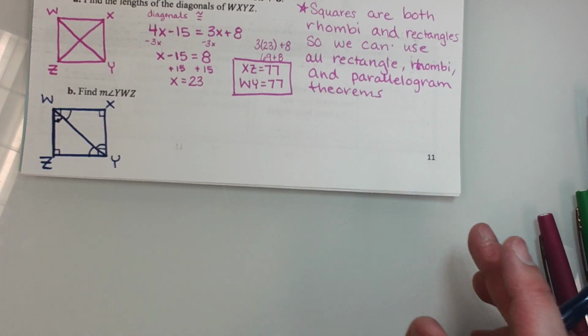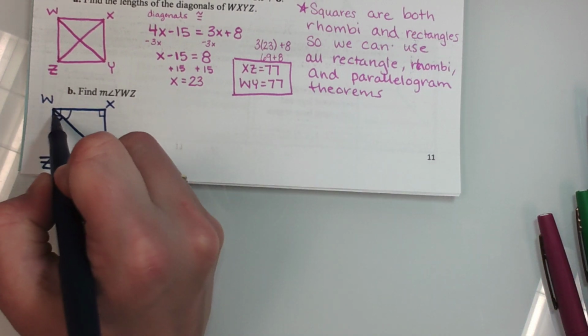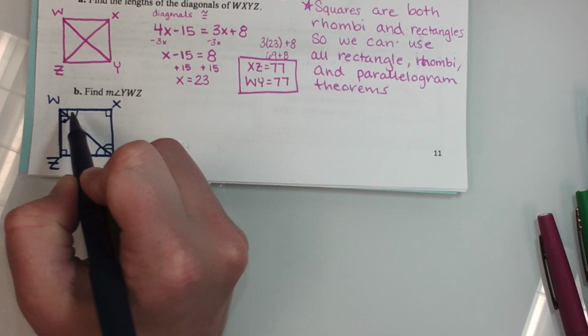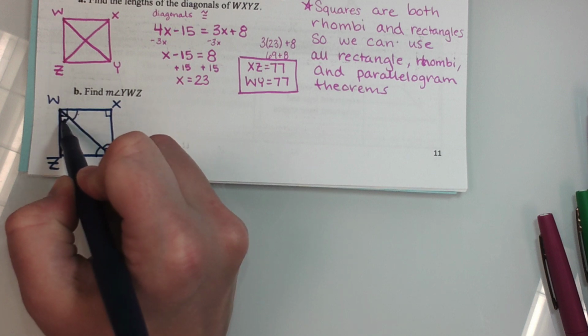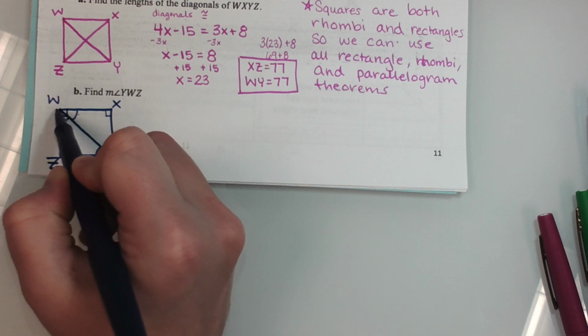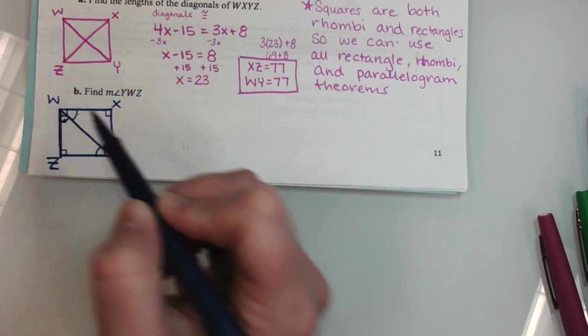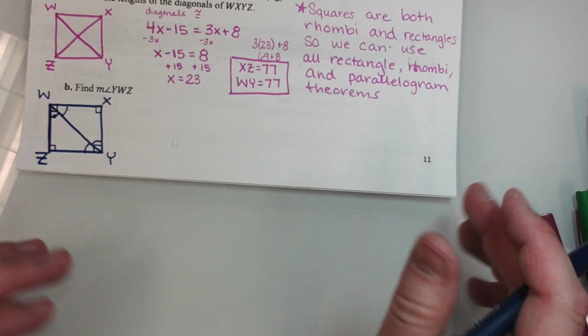Wait a second. If the full thing's 90 and these two are the same, doesn't that mean this angle is half of 90? What's half of 90? 45.